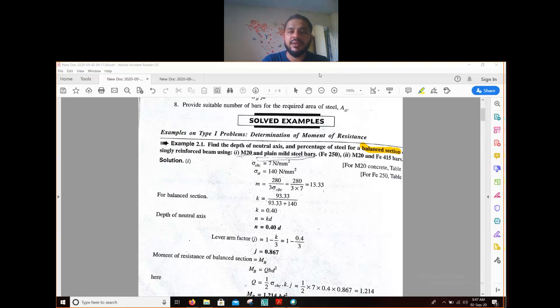Nothing is mentioned. So we can't use the equation for balanced section directly.